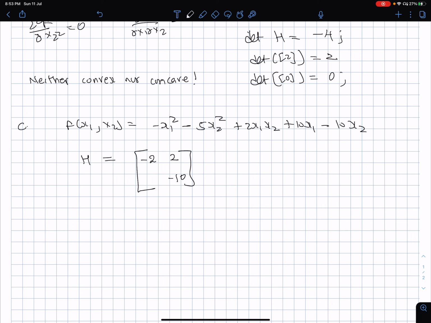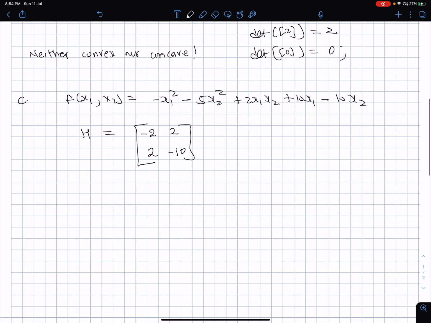Twice of the coefficients minus 1 and minus 5 are the entries on the diagonal, and at the off diagonal it is just the coefficient associated with x1 x2. So therefore 2 and 2. If there was a three-dimensional quadratic function where x1 x3 was there, then for del square f with respect to x1, x3, whatever coefficient was associated with x1 x3 would have come.